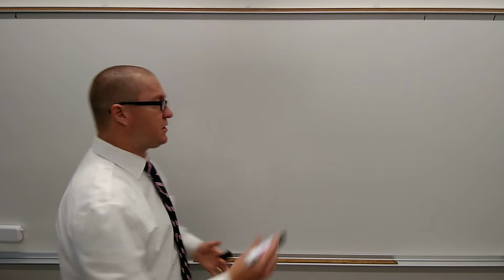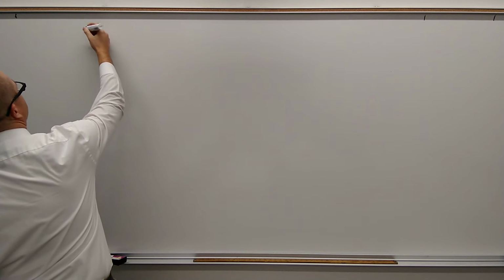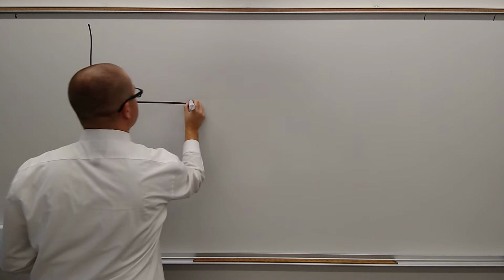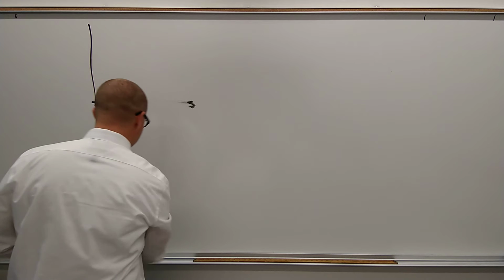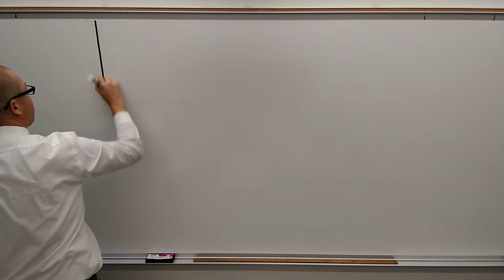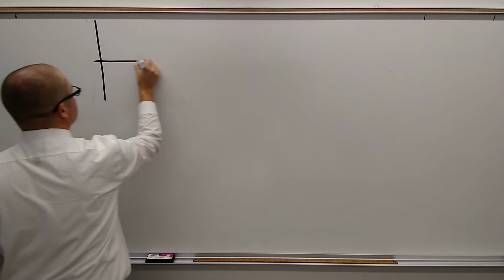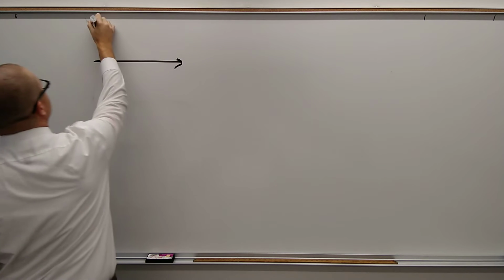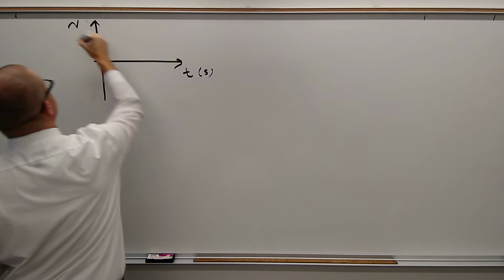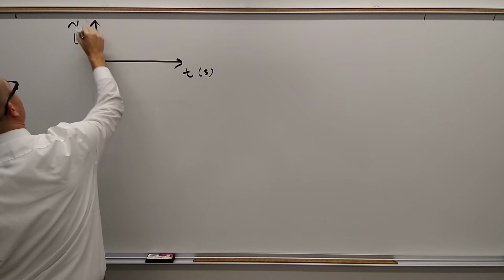Let's look at a slightly different example. Let's say we have a velocity versus time graph. Time is in seconds, velocity is in meters per second.